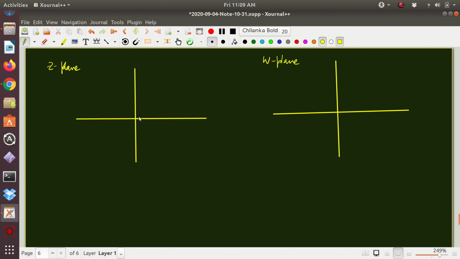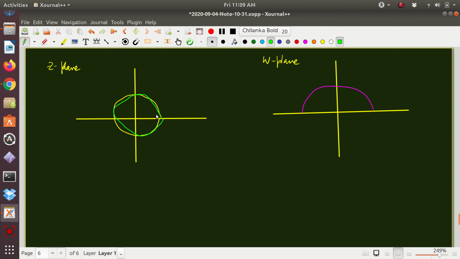Now if I have a complex number z and I want to take the square root, depending on the argument of the complex number, if the argument goes from 0 to 2 pi, the argument in the w plane would have just gone from 0 to pi. Now I have to do a second round, from 2 pi to 4 pi.